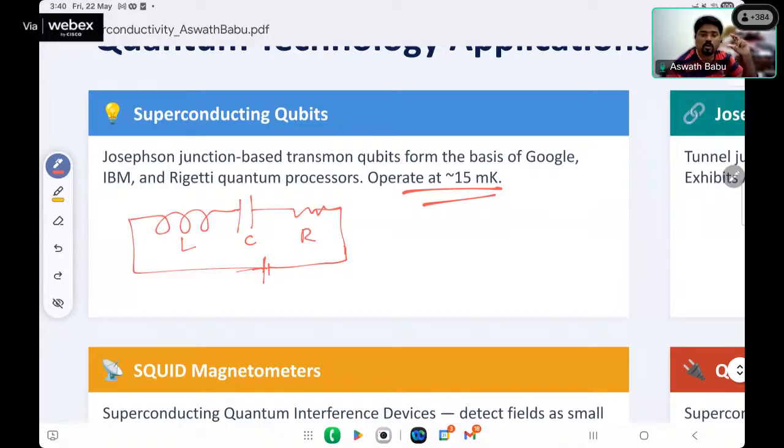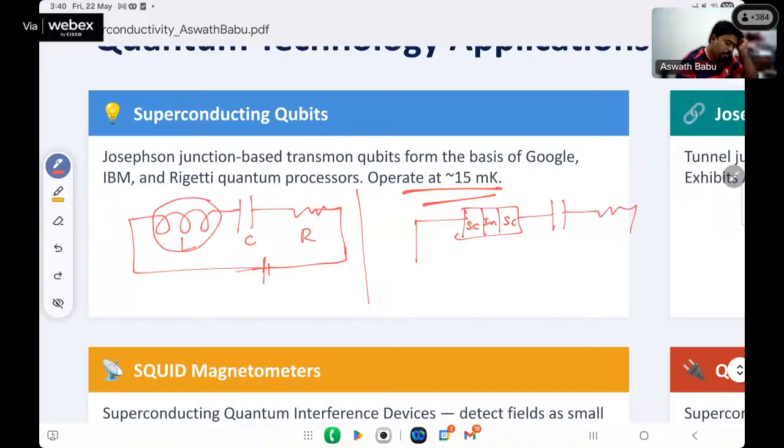It oscillates between a certain charge and a discharge state, so that can continuously oscillate. Now that is the oscillator for us, the electronic oscillator. Okay, so if you replace the inductor with something called a Josephson junction, that is a superconductor and an insulator, everything else remains the same.